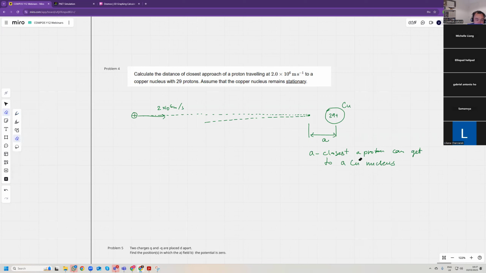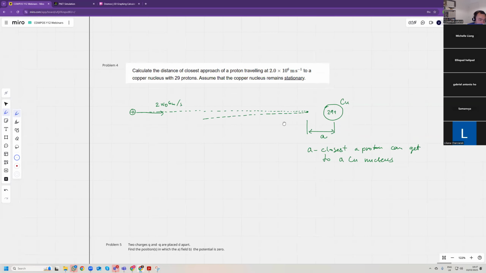We remember that the potential energy is Q1 Q2 divided by 4 pi epsilon naught r, where r is the distance between the particles.